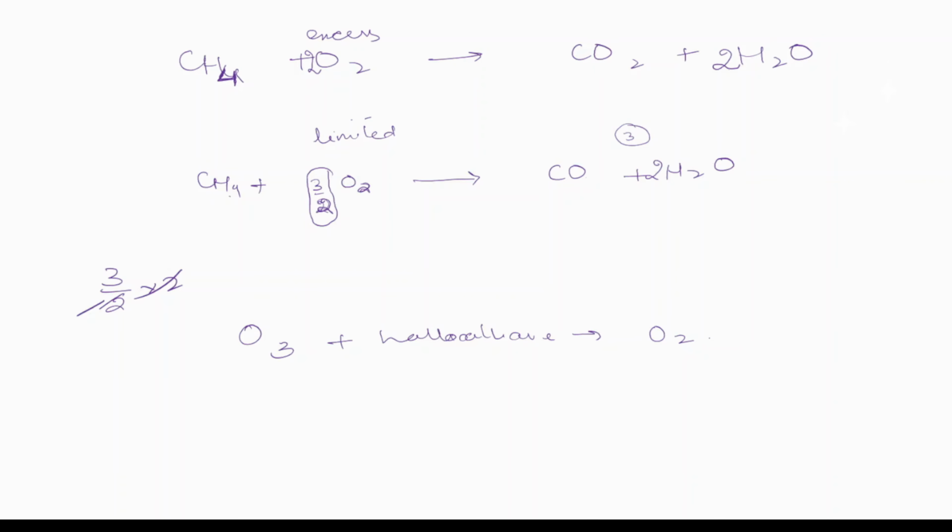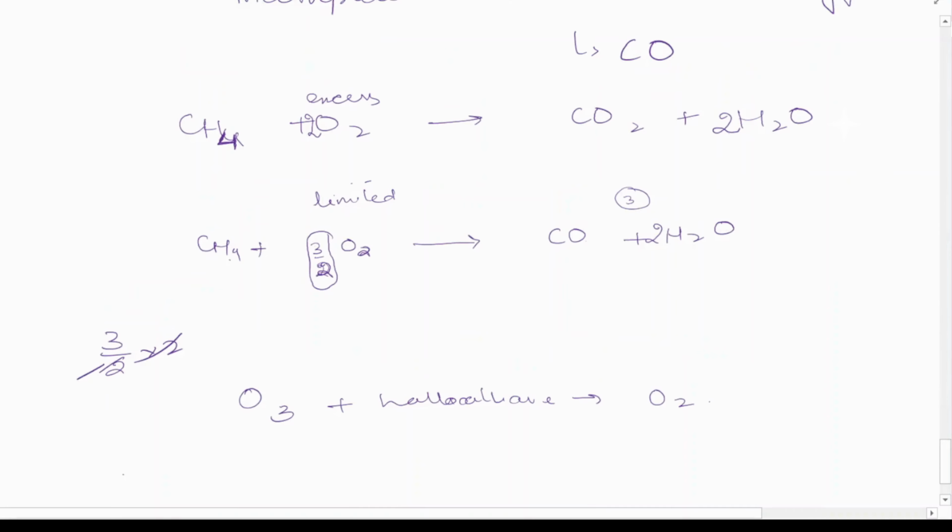Okay? So that is then going to be filtered. Filtered means processed. Now the whole process is known as fractional distillation. So we are going to learn about fractional distillation now.